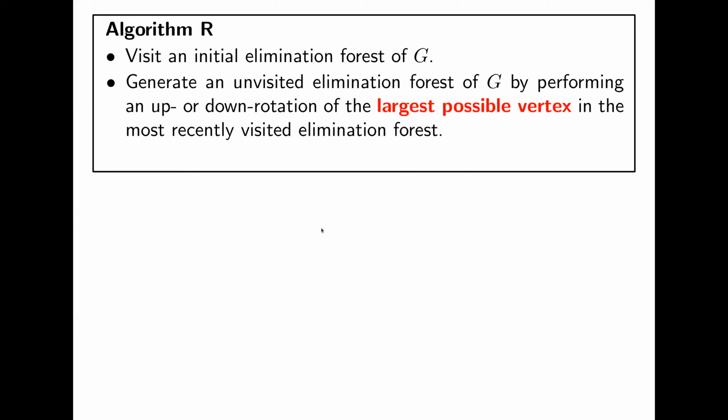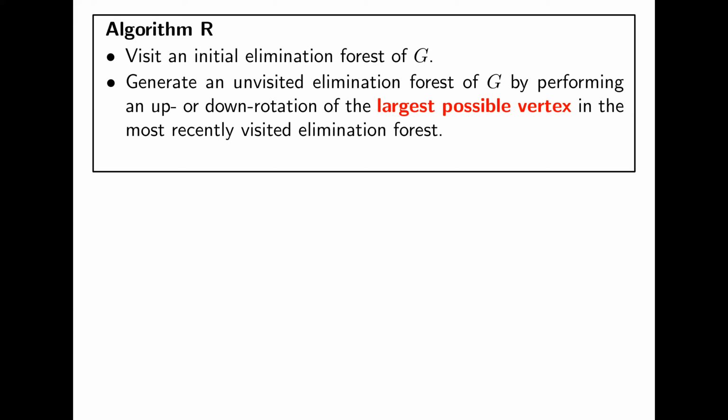What you try to do is perform an up or down rotation of the largest possible vertex so that you get a new tree, new meaning something that you haven't visited before. You do this by looking at the current elimination forest.